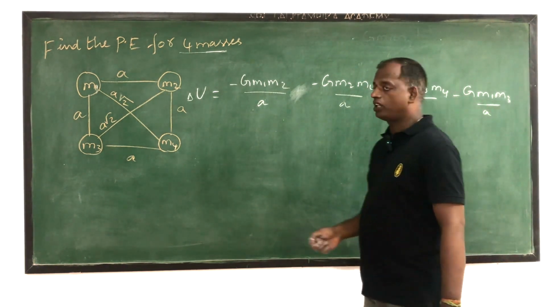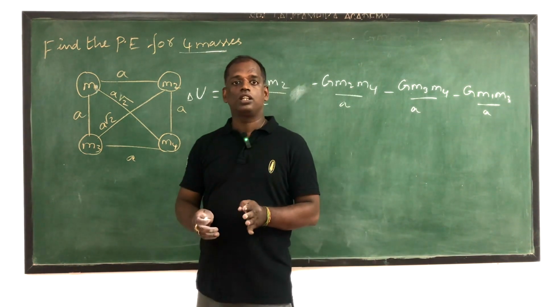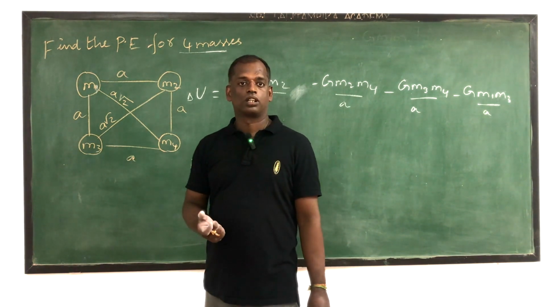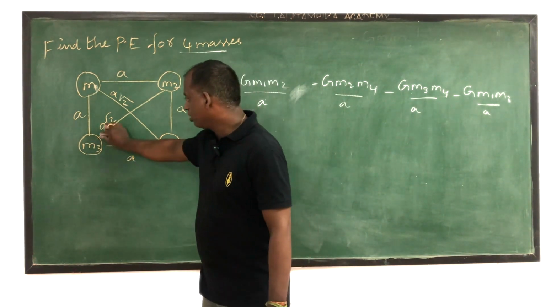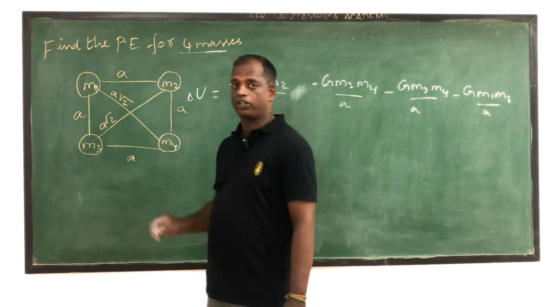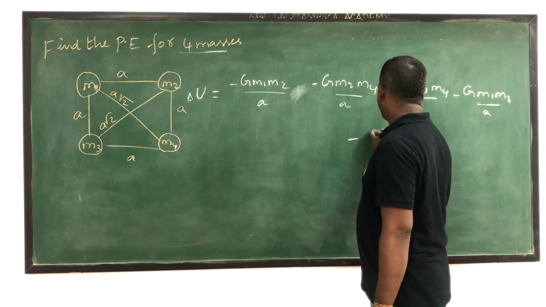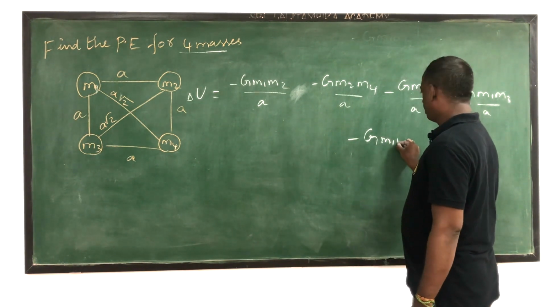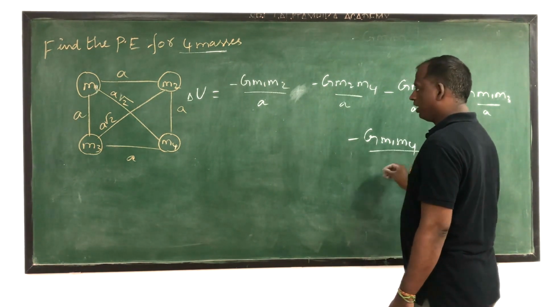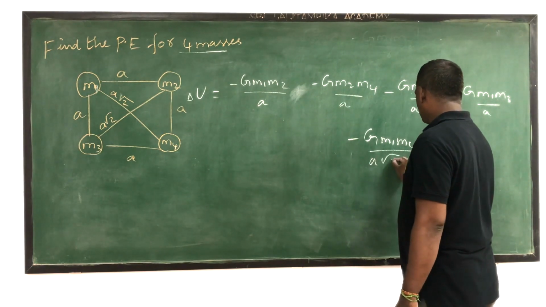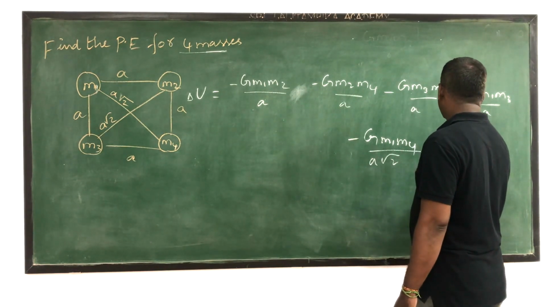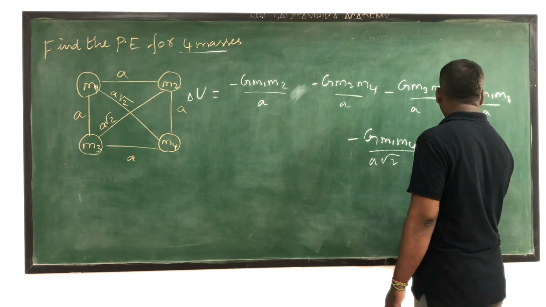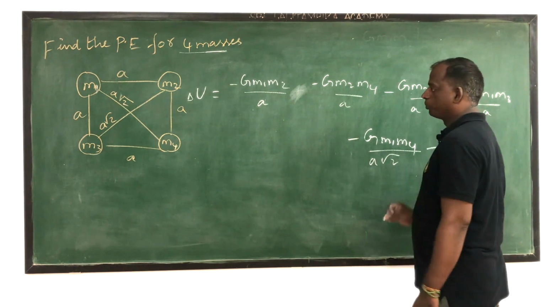So this is not the only potential energy; potential energy is the difference between the two potentials, that is two different masses. So we also have this, we have to consider the diagonals as well. So it will be minus G m1 m4 divided by A root 2, minus G m2 m3 by A root 2.